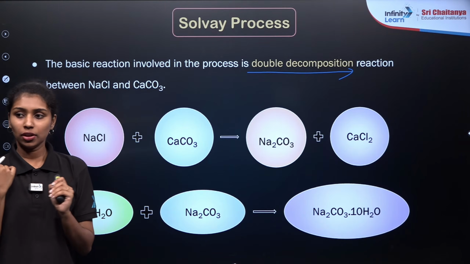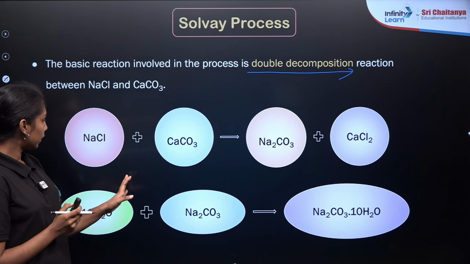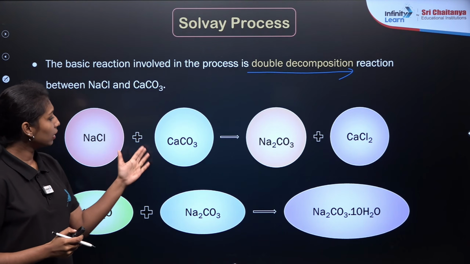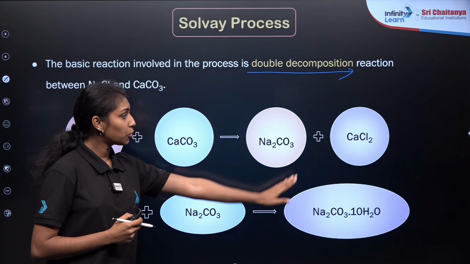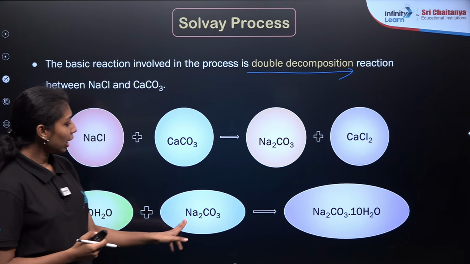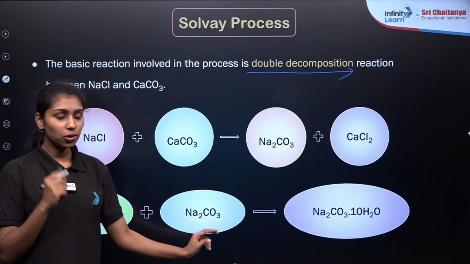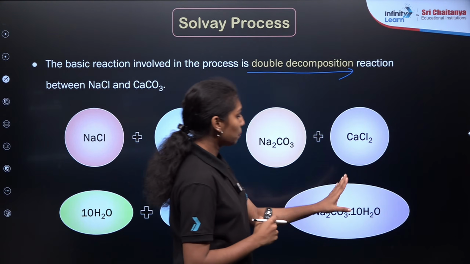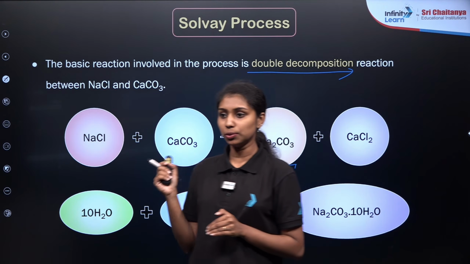So sodium chloride reacts with calcium carbonate to form Na2CO3 plus CaCl2. Then 10 water molecules react with the Na2CO3 to form Na2CO3.10H2O. This is the same reaction given in your module or textbook.